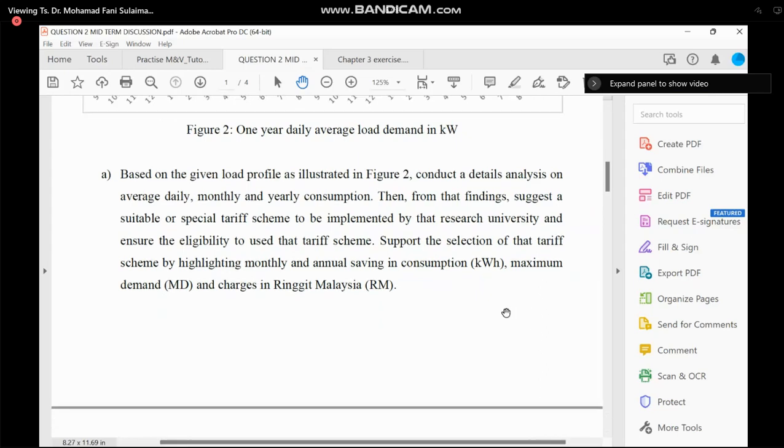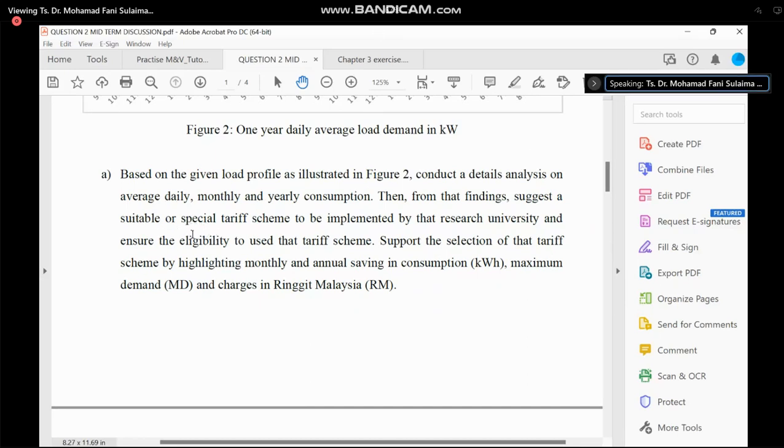So next question: support the selection of the tariff scheme by highlighting monthly and annual saving in consumption, kilowatt hour, maximum demand, and charge in ringgit Malaysia. So you need to suggest a suitable or special tariff.